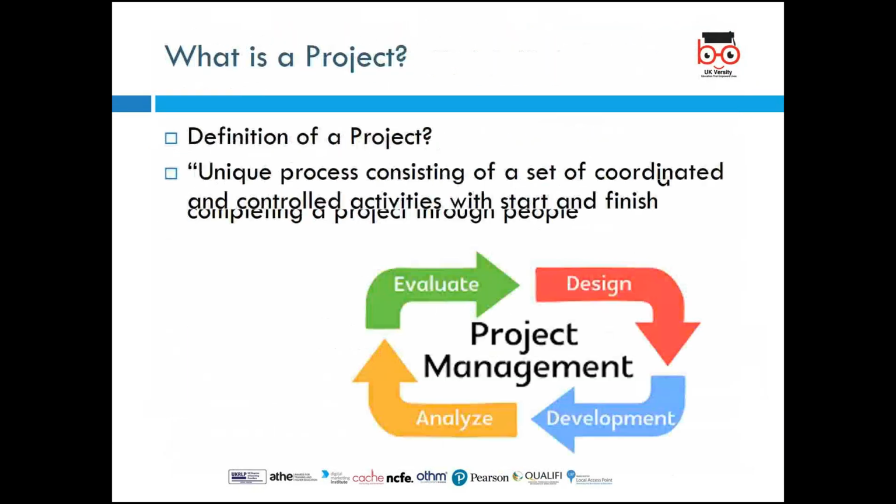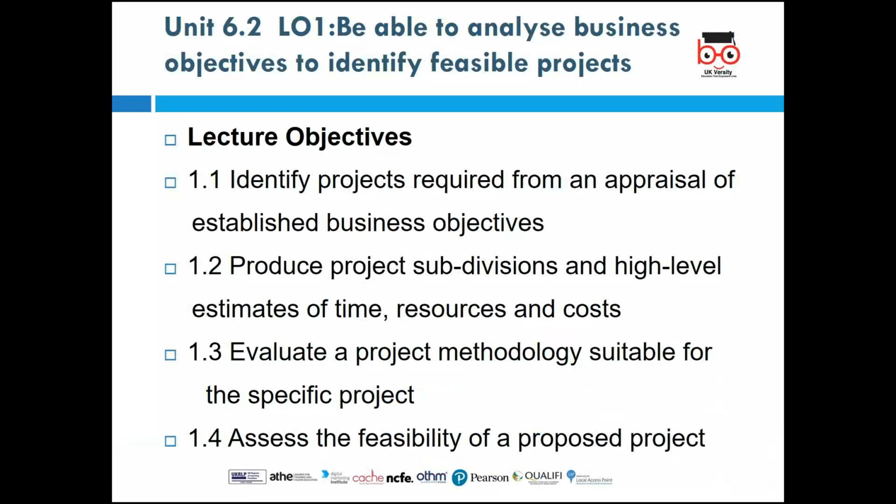So if you look at the first phase, we've been able to talk about identifying project requirements, producing subdivisions and high-level estimate. We've talked about methodology that is suitable, and assessing the feasibility of a proposed project. I spoke on the traditional method and then the Prince2.